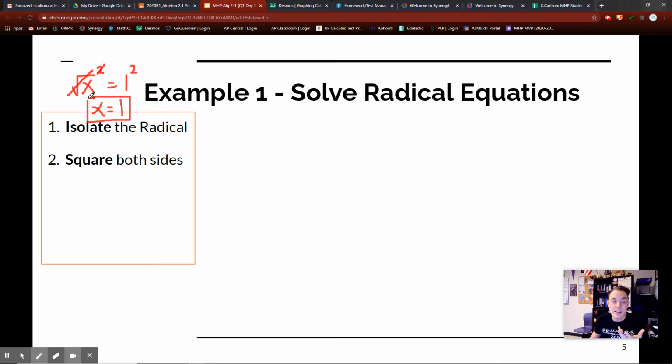Okay, that's a very basic example, but it is sufficient to teach us exactly what the general process we are going to be utilizing here. And that is the inverses of square and square roots.